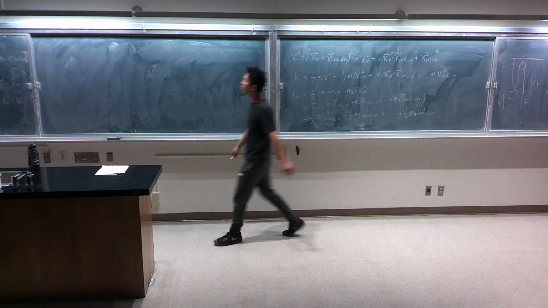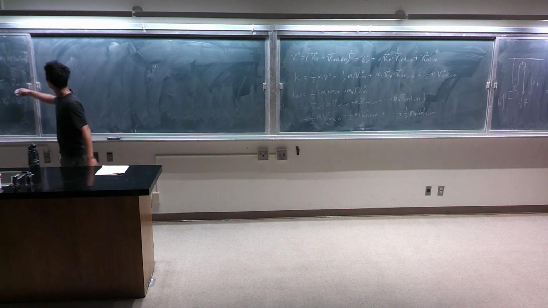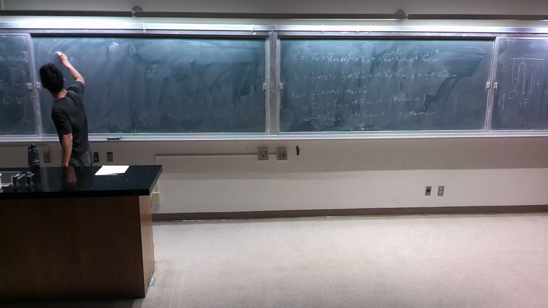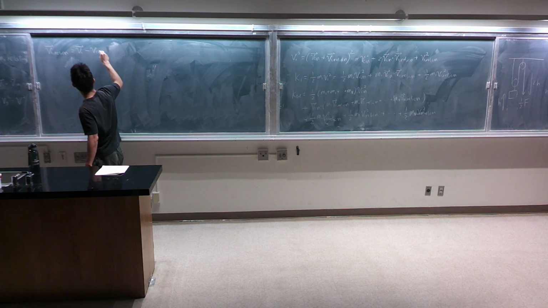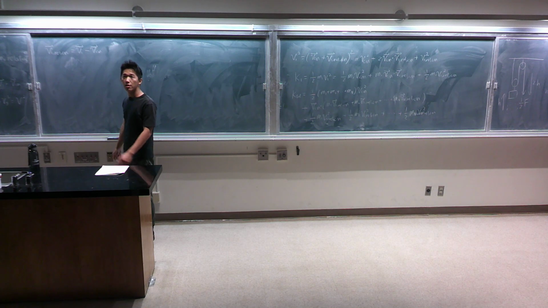remember that the relative velocity can be written as the difference between the velocity of the first particle and the velocity of the center of mass.